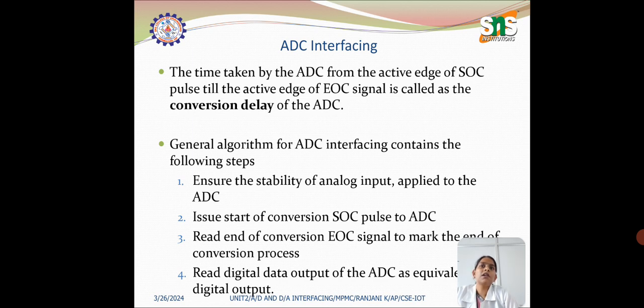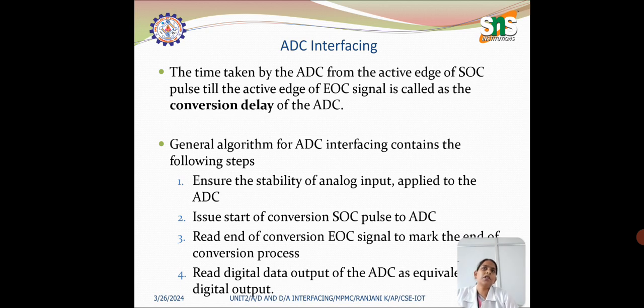The analog to digital converter is treated as an input device by the microprocessor. It sends an initializing signal to the ADC to start the analog to digital data conversion. The start of conversion signal is a pulse of a specific duration.